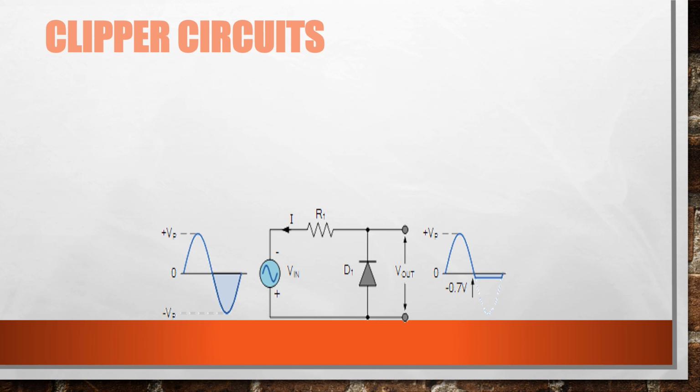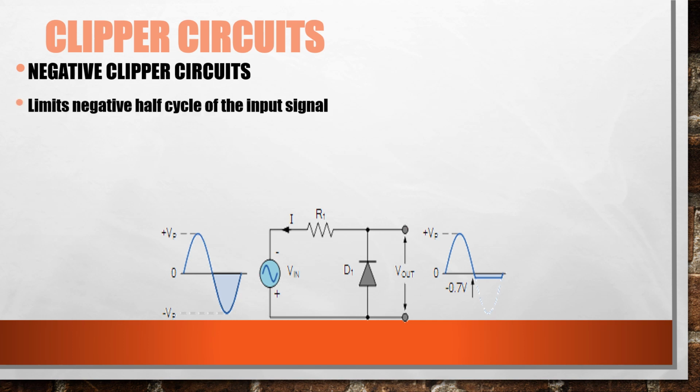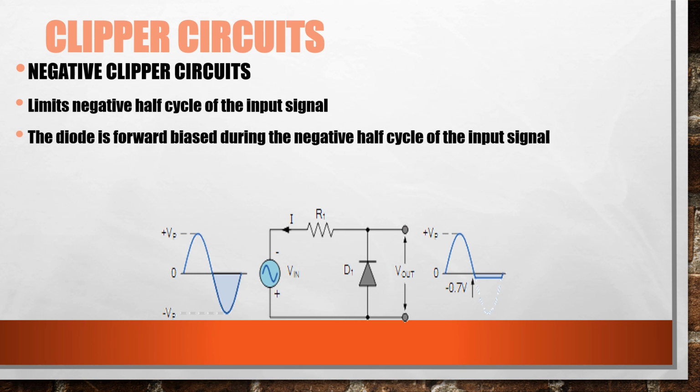Now we will talk about negative clipper circuits. In negative clipper circuits, the diode limits the negative half cycle of the input signal. That's why it is called a negative clipper circuit. In this diode clipping circuit, diode is forward biased during the negative half cycle of the input signal and the output voltage is limited to minus 0.7 volts in case of silicon diodes.